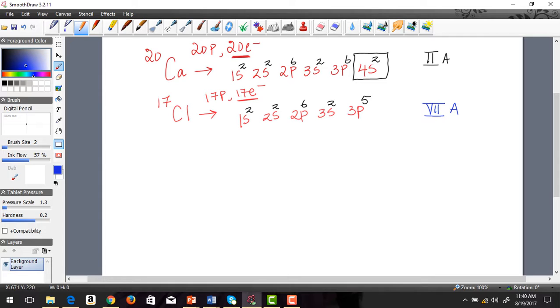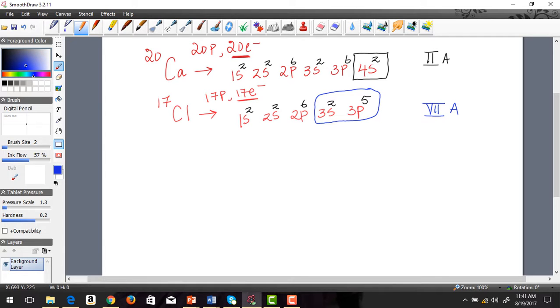As I said, you look for the last orbital, and if there's anything else with the same row number, then they all together are the valence orbital. So in this case 3p, but then I also noticed 3s is there.